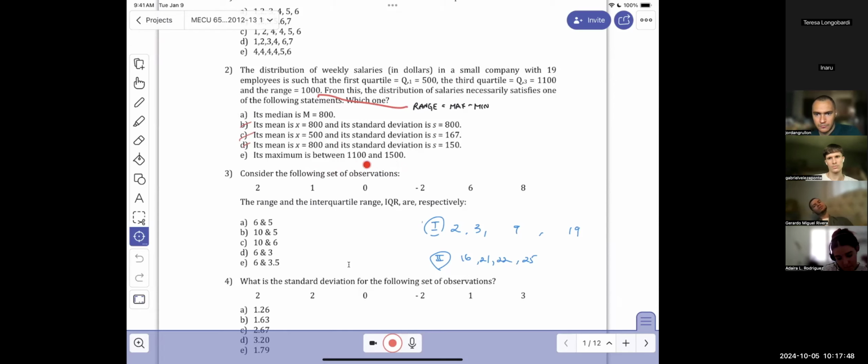And what it's toying with here, I believe, is that the third quartile could be the maximum. How could the third quartile be the maximum? The top 25% of observations are all 1,100. That's the way that it can be a maximum.